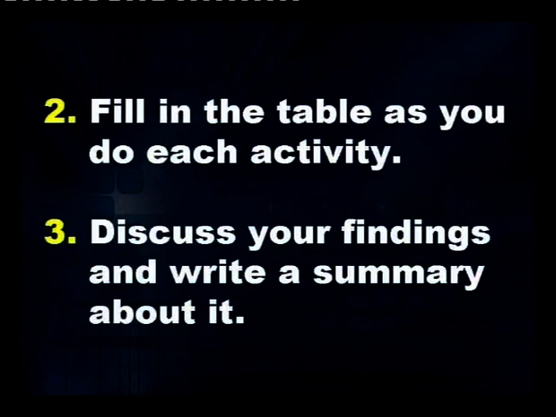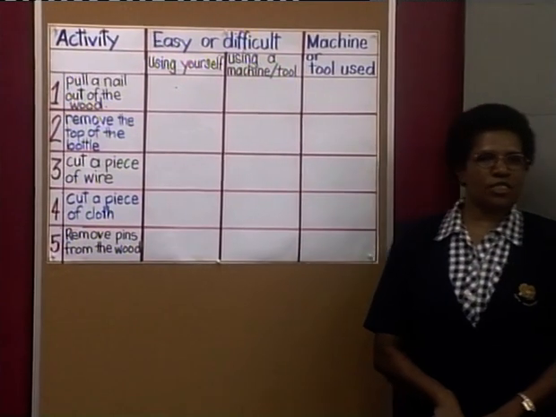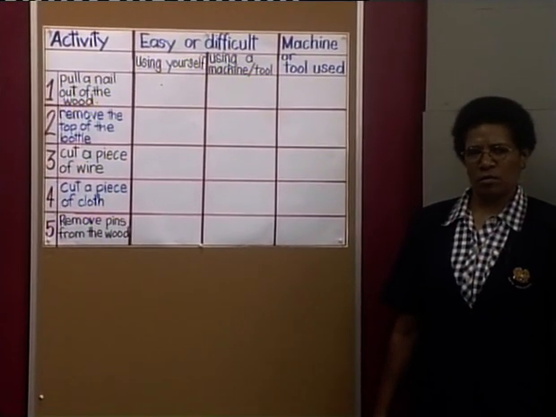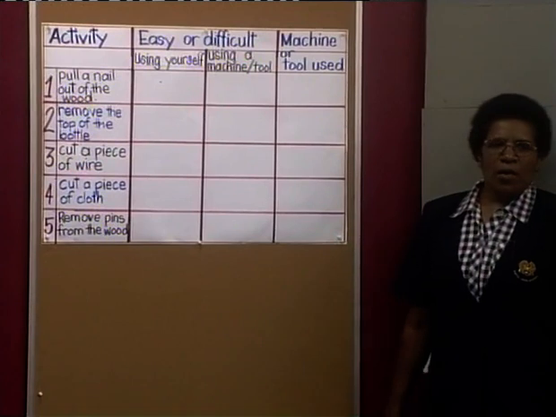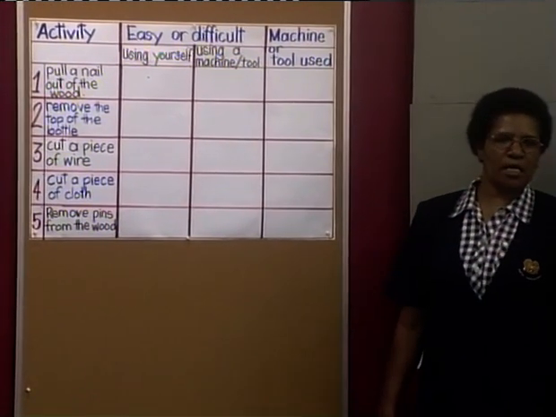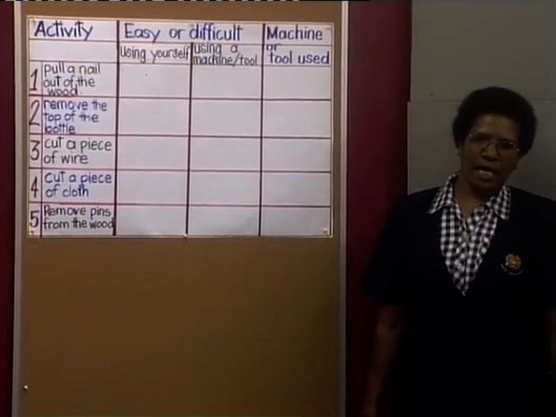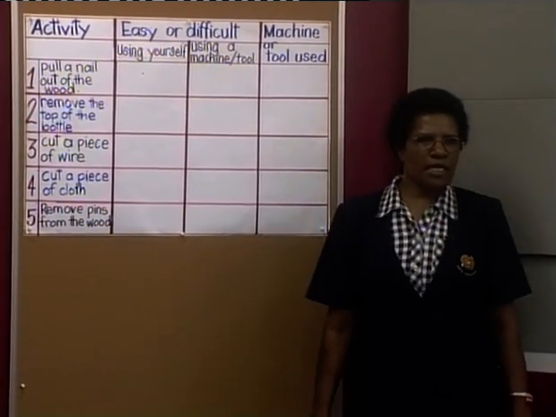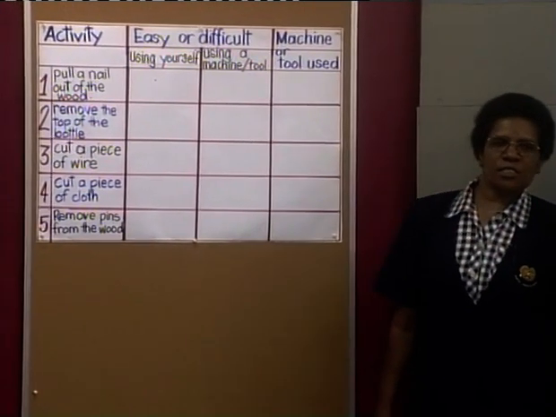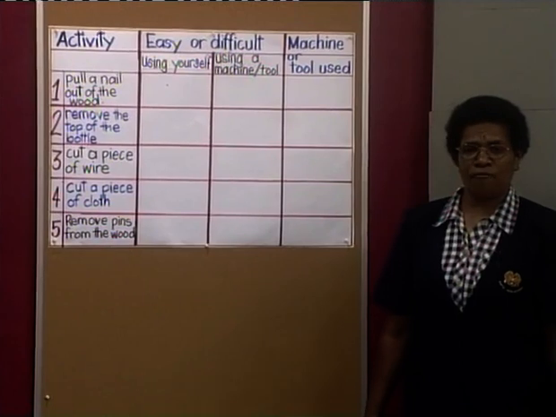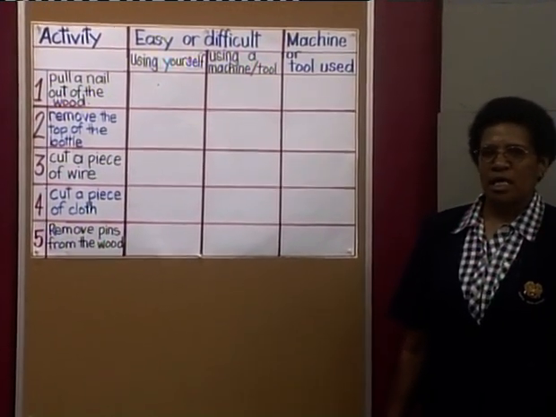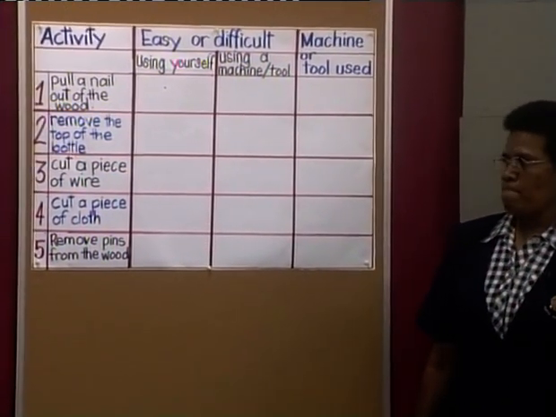In your worksheets, on that table, we have about 9 activities. Because of time factor, we had to leave the other 4 out, and we're only doing 5 of them. Teachers, you can carry out the other 4 activities in your own time. But for this lesson, we will be carrying out 5 of them.